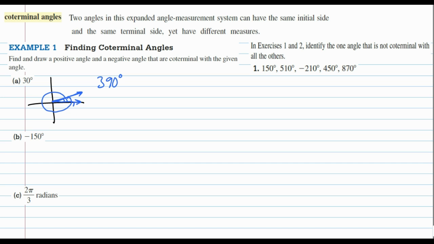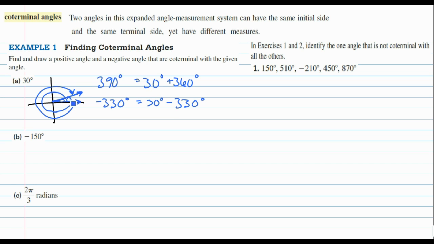So going clockwise, we go all the way back but are short 30 degrees, so instead of 360, that's going to be negative 330 degrees. The 390 came from 30 degrees plus 360 degrees, and the negative 330 degrees came from 30 degrees minus 360 degrees.